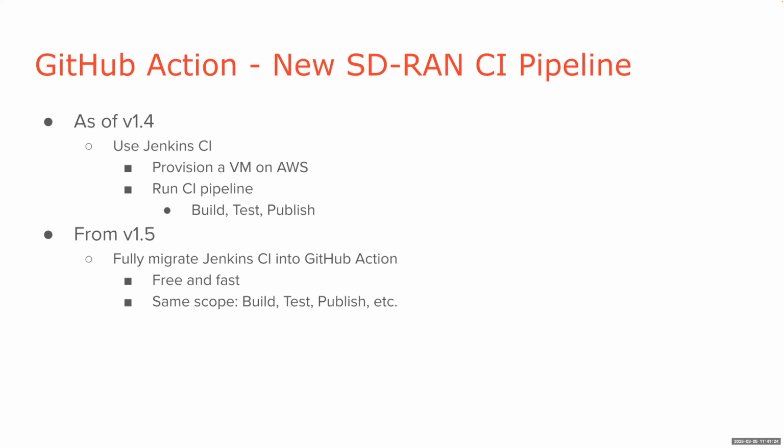So we integrated our own CI pipeline into GitHub Actions. And the scope is the same: build, test, publish, everything. It's running over GitHub Actions, it's working fine, and it is already integrated. So if you create a PR or merge a PR, for example to create new images, then GitHub Actions can take care of that.